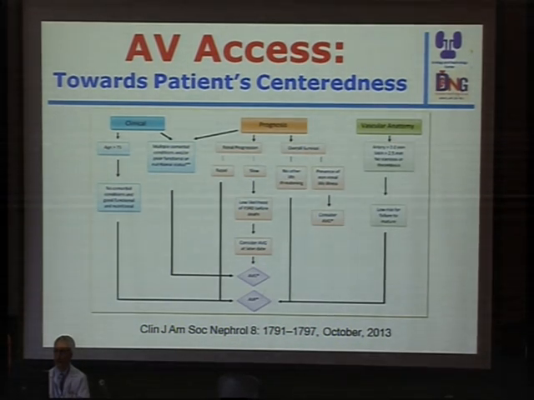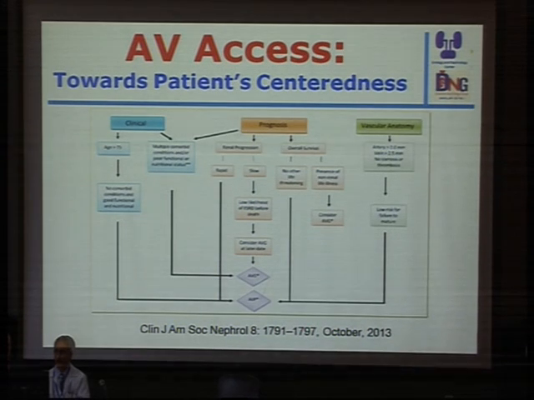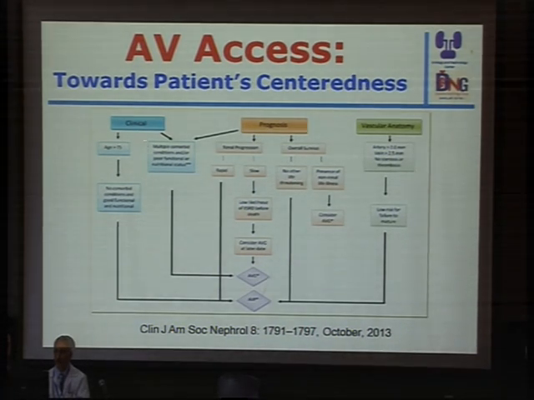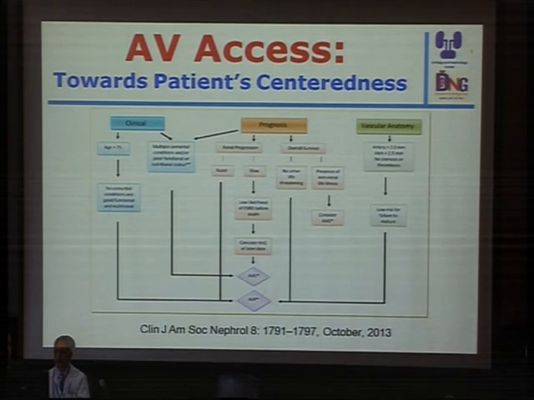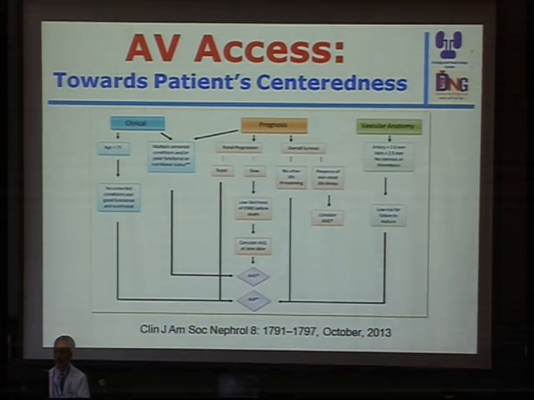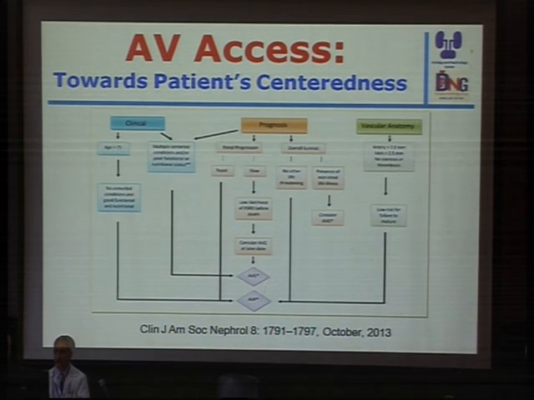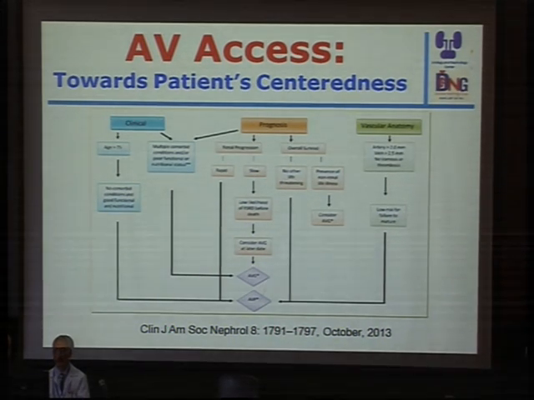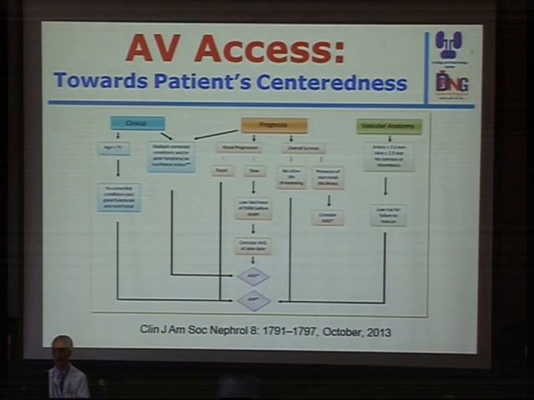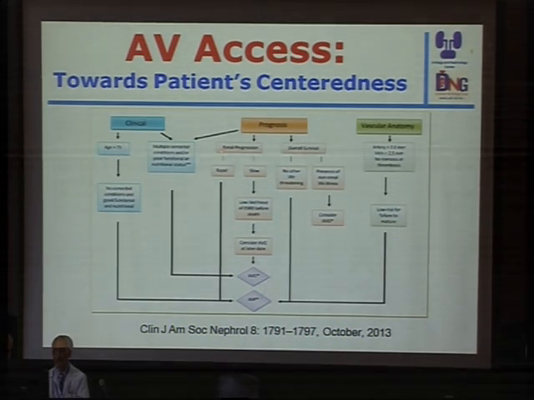All these should be mixed together in a wise manner, because if we have aged patients with multiple comorbidities and we expect a short lifespan, I think a graft or permcath is suitable, and a fistula is not suitable for these patients.